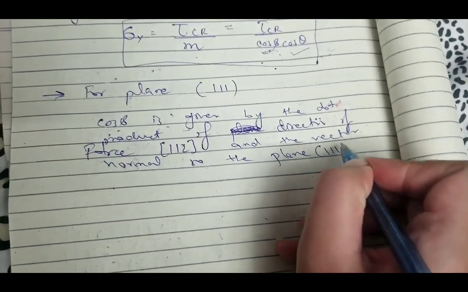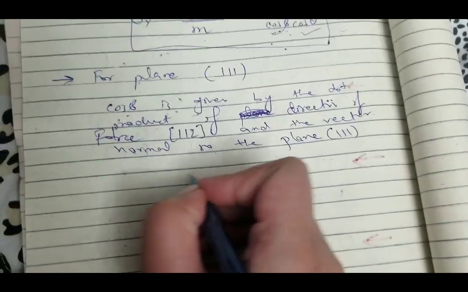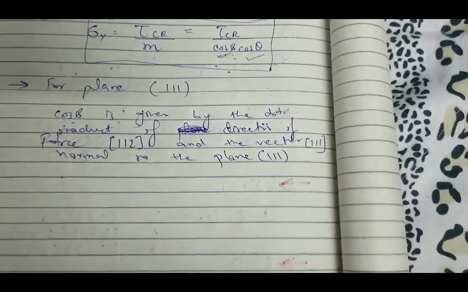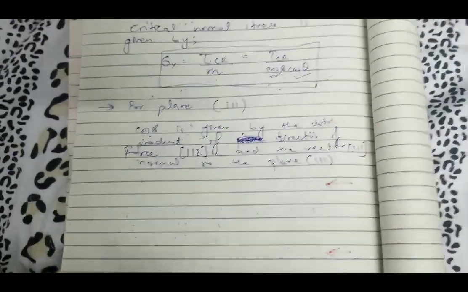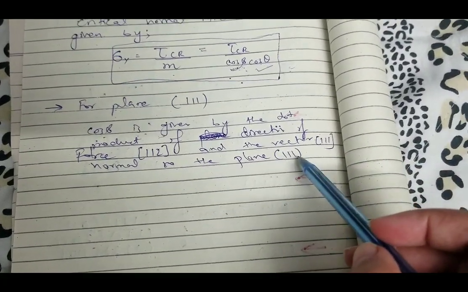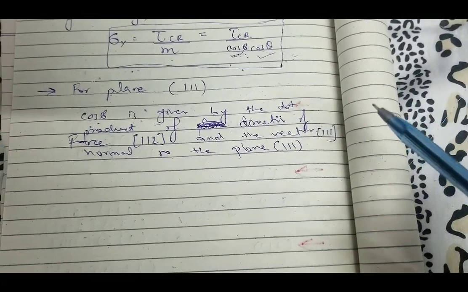The vector normal to the plane is actually 111, as we already know that a vector normal to the plane with Miller indices HKL will be the vector with Miller indices HKL.